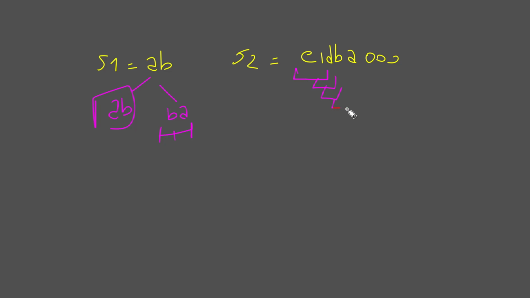When we reach ba, we will see that ba is actually a permutation of s1. Basically, for a string to be a permutation, it needs to have the same length and contain the same characters as in s1. So in this case, we have found our permutation and we're going to return true.